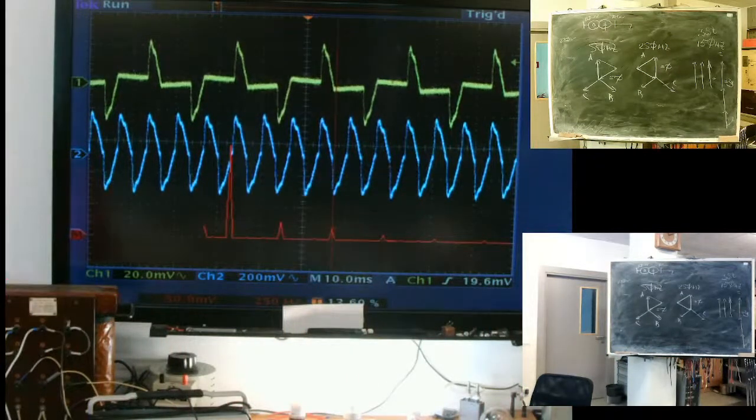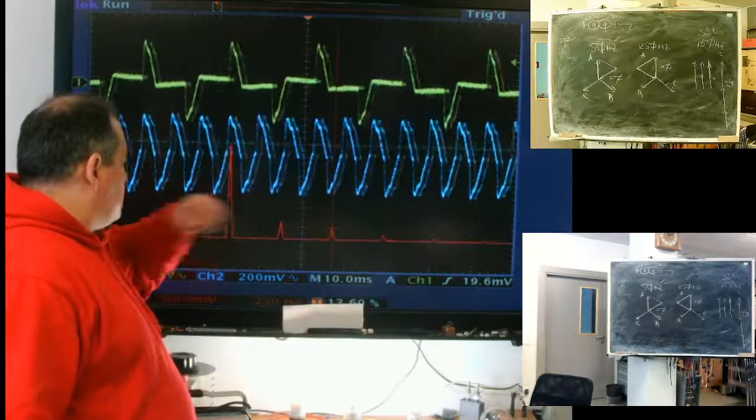So in modern reality, the current of the neutral is not 0 in the symmetric regime, but it's triple, zero sequence, or in our case, triple the current of the third, containing third, ninth, and so on harmonics.